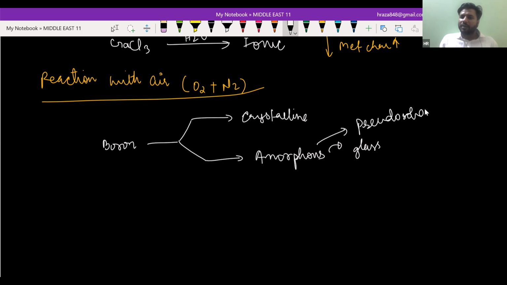This is also known as a pseudo solid, perhaps I told you about this, and the crystalline one is known as a true solid. If you have a window or door of glass, after 10 to 15 years you can see the lower part is thick and the upper part is thin, because glass is amorphous and has fluidity.